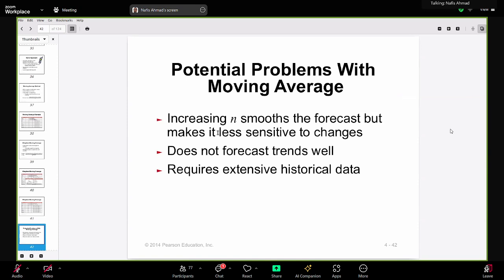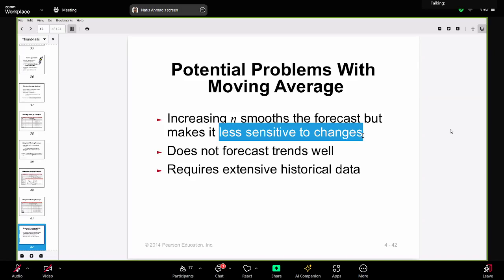So it makes the forecast less sensitive to changes, because we always try to forecast the future as perfectly as possible. If the technique is less sensitive to changes, it will give inferior results.